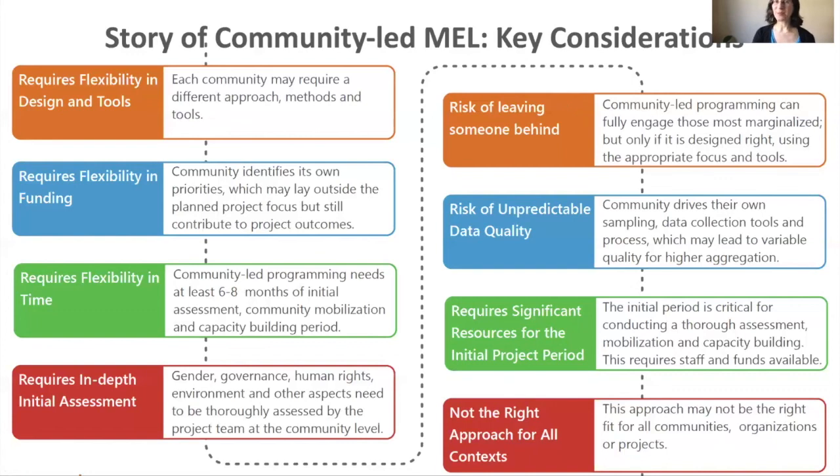On one hand, a community-led program can really fully engage those most marginalized, so there's a real opportunity, but the design needs to be really sound and appropriate to the context for that to fully bear out. There's also a risk of unpredictable or uneven data quality because we're not sure of the capacity of the community. They're driving their own sampling, they're designing their own data collection tools and process. So when it comes to aggregating that data, that could be a bit of a challenge.